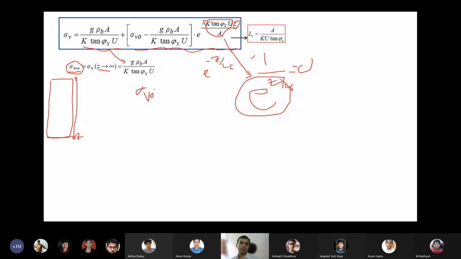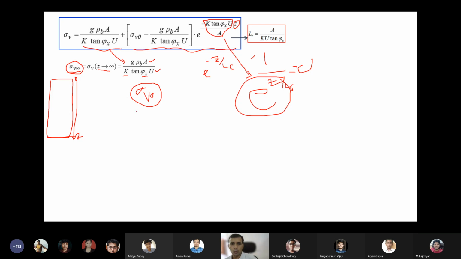There is no dependency on this one. It depends only on powder properties, K, phi x, the hopper diameter, hopper area, and bulk density.